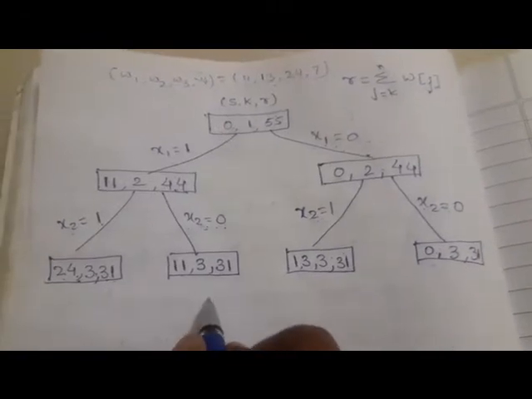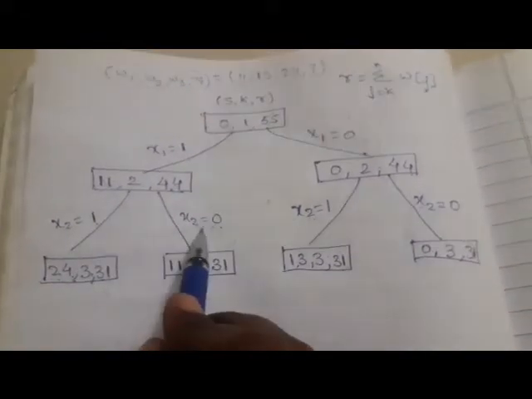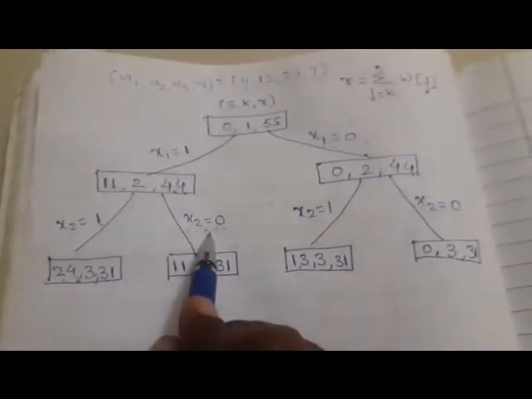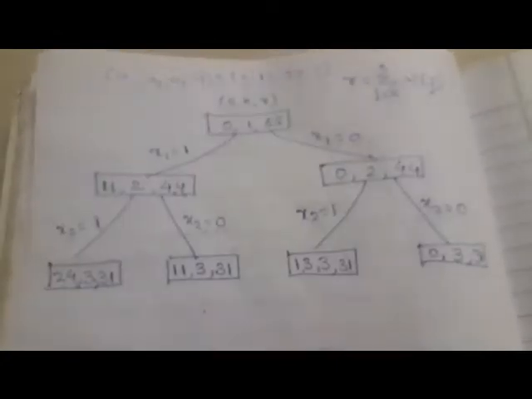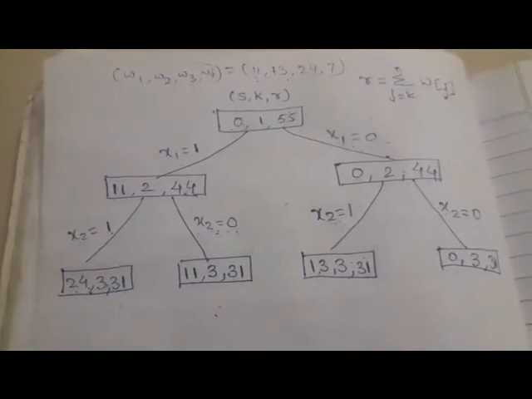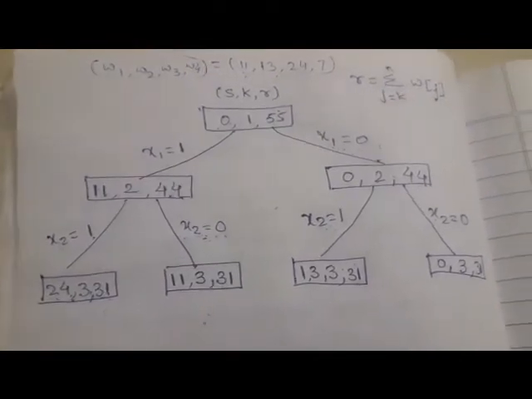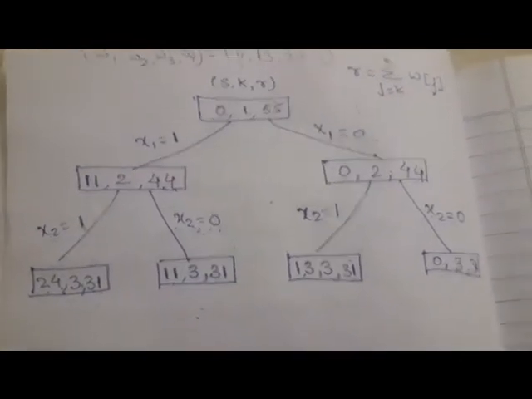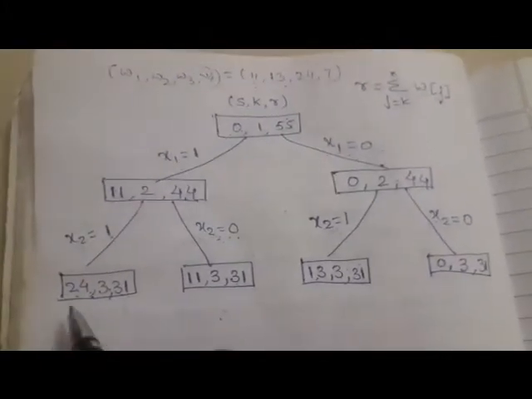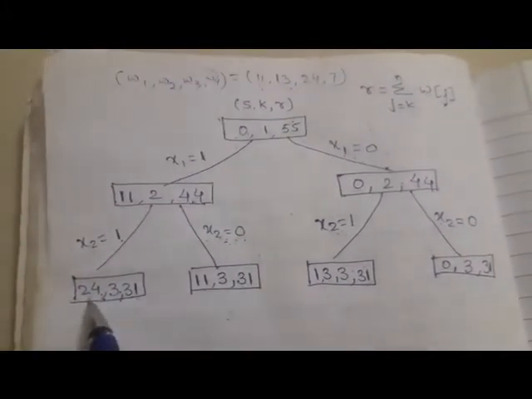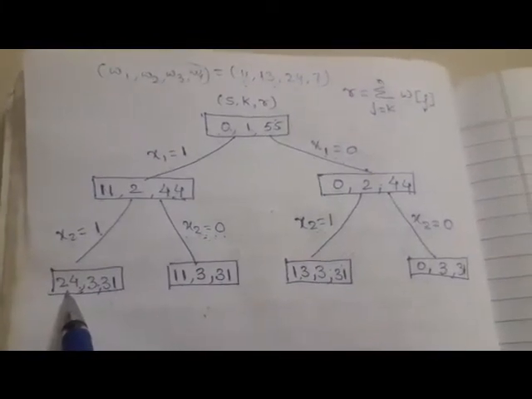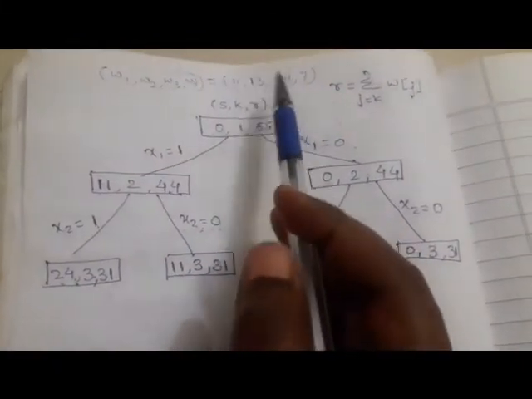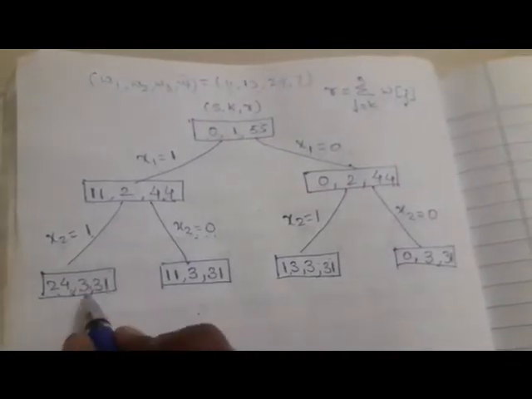Now here we added this 2. If we add 24 in this 24, it will be more than our sum, that is 31. So that's why we will not add this 24.